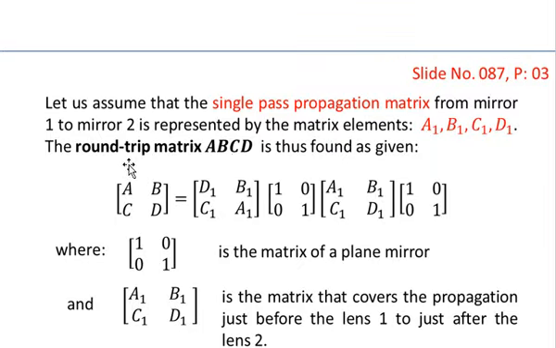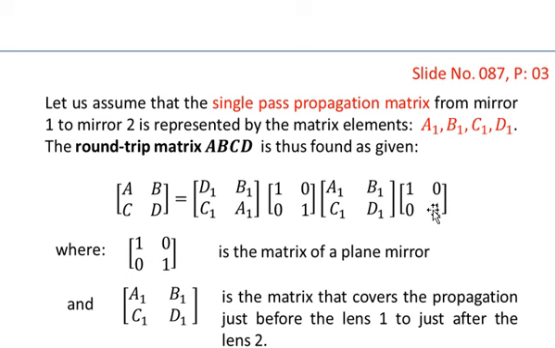So let's form the round trip matrix ABCD. This ABCD matrix is equal to the product of four matrices. The rightmost matrix is 1, 0, 0, 1, which is the reflection matrix of the mirror M1.